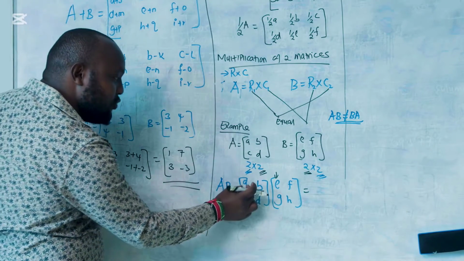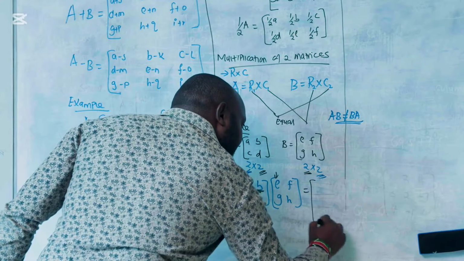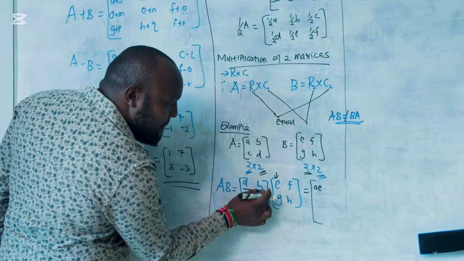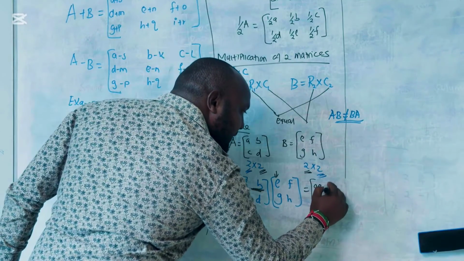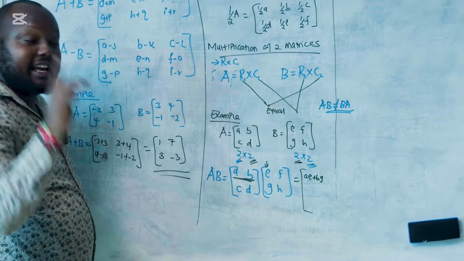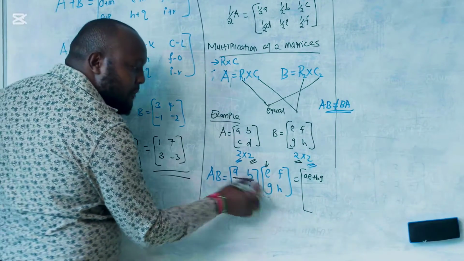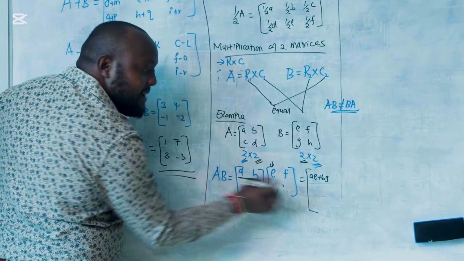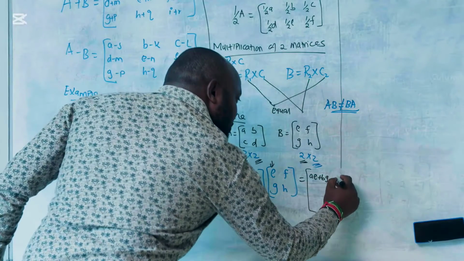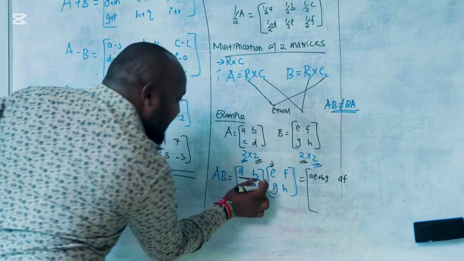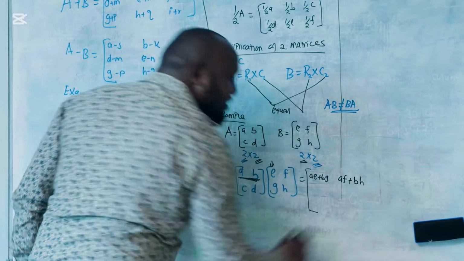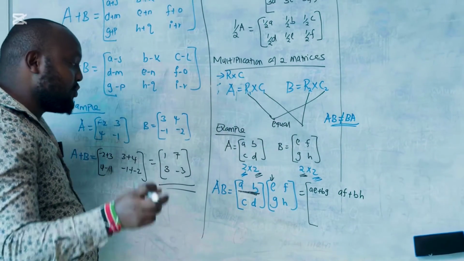So in this case, it will be AE, the first one multiplying the first one, plus BG. In that case, you are getting one element. The same row must now multiply the other column. The first element must multiply the first element, so we will have AF. The second one must multiply the second one, which will give BH. The same case will apply.